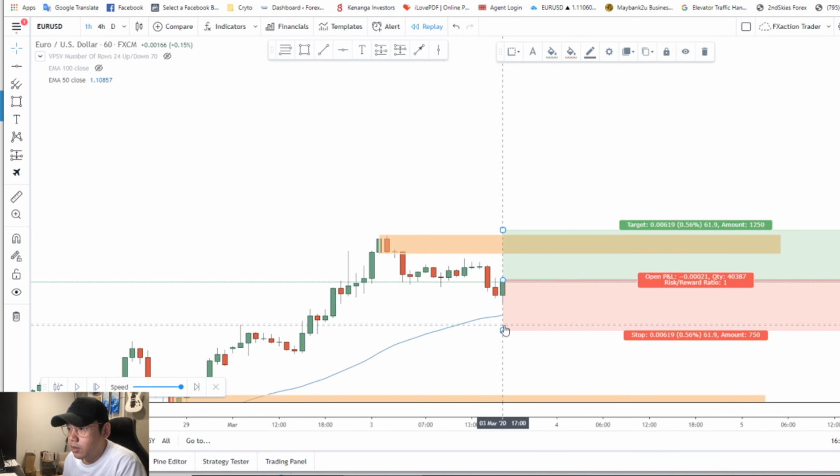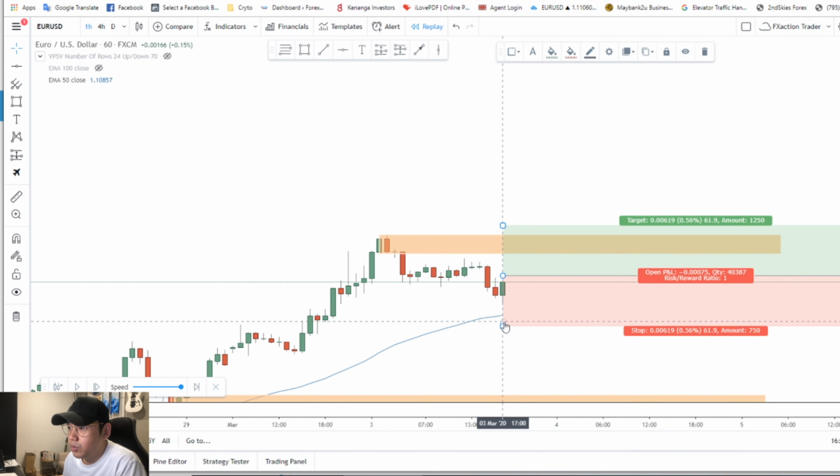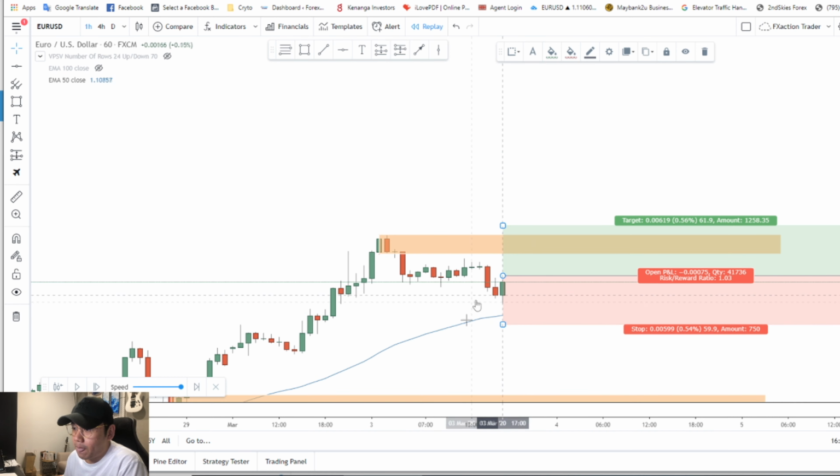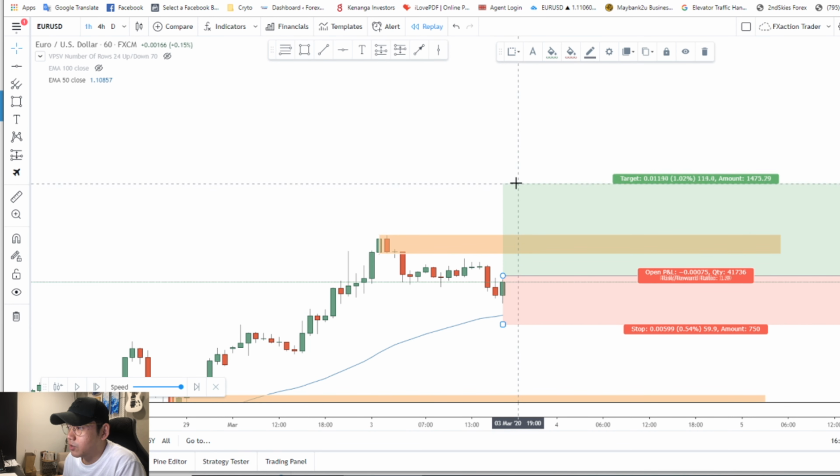Alright, the stop loss I will just put below the engulfing candlestick, or you can put it below the EMA. And for the ratio, I will take at least 1 to 2.